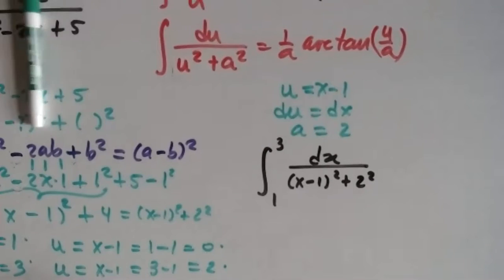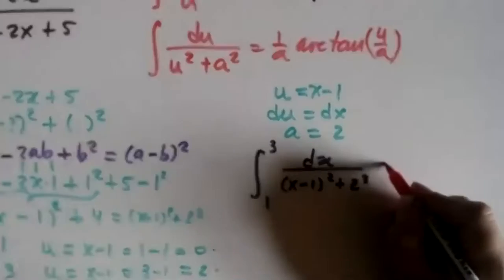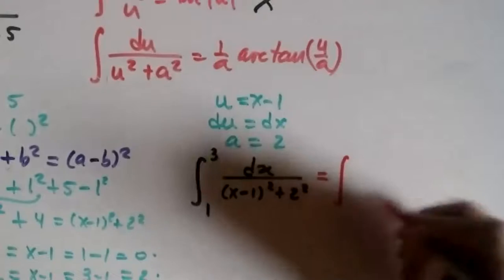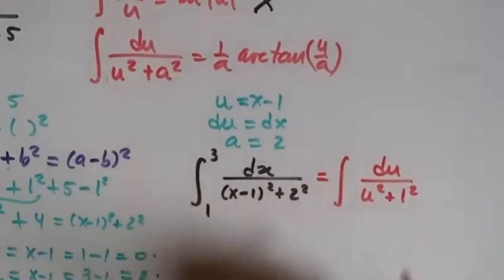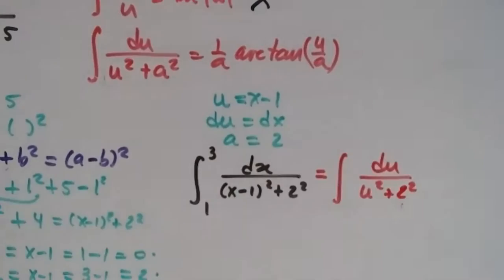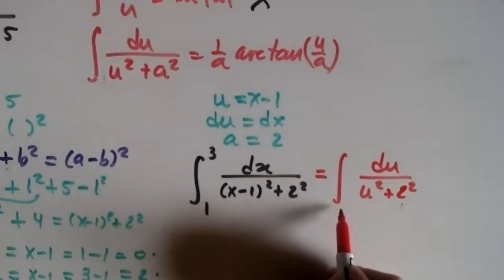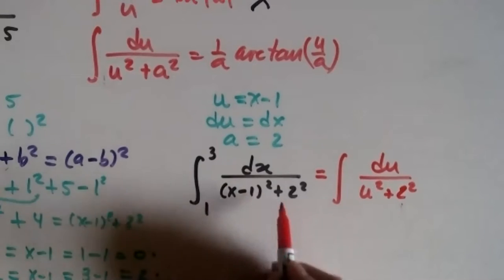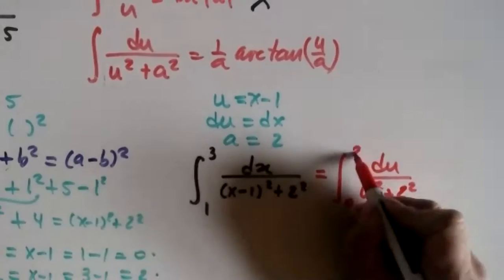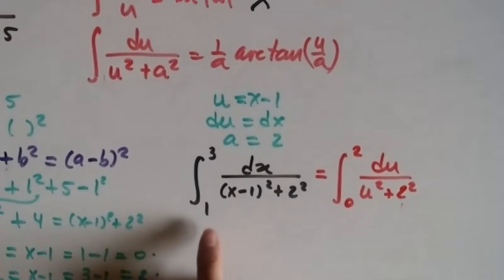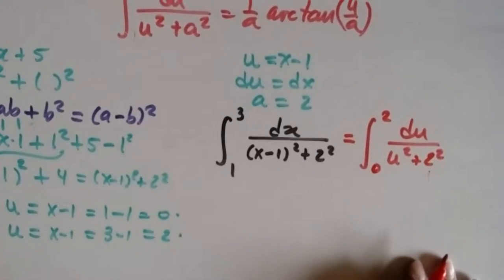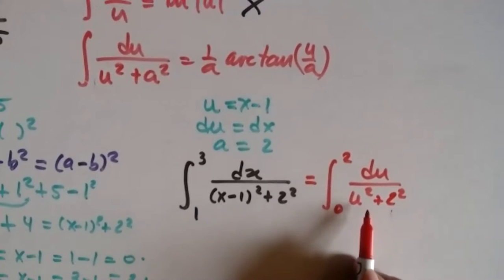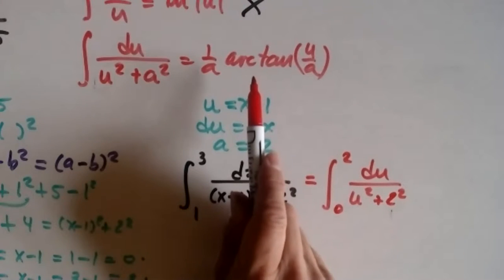So this equals the integral of du over u squared plus 2 squared, sorry. And here, 1 and 3 for x, 0 and 2 for u. So you change the 1 by 0, the 3 by 2, remember, by these changes.